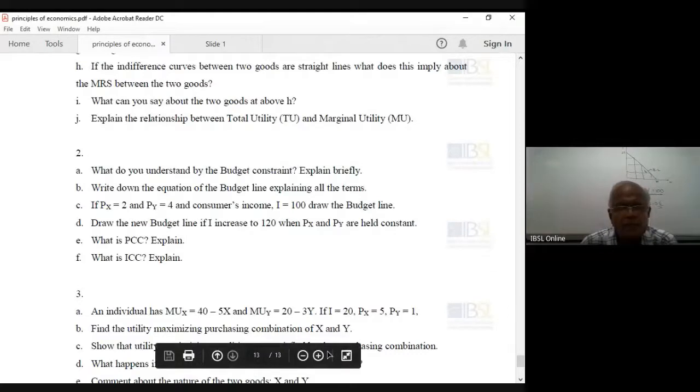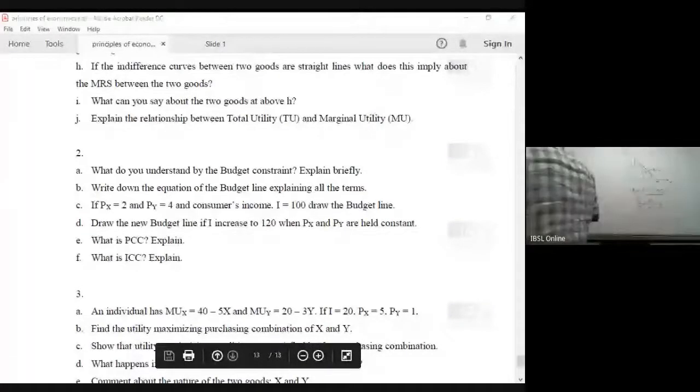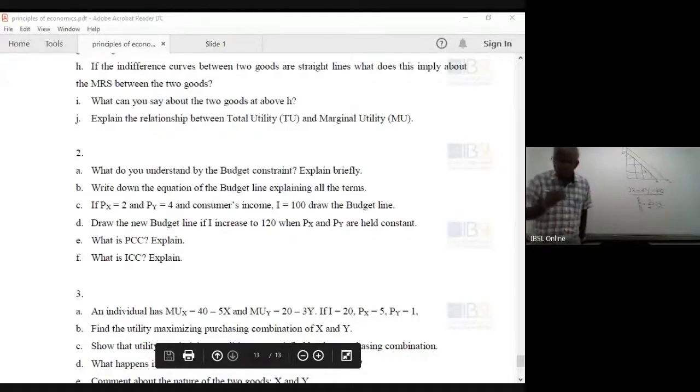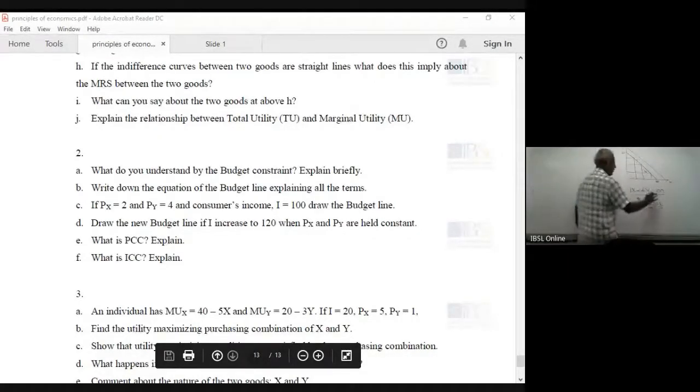Draw the budget line if income increases to 120. Px, Py are held constant. That is a good question. Now, if income increases to 120, your budget constraint shifts. Parallel shift. Px, Py constant, income increases to 120.